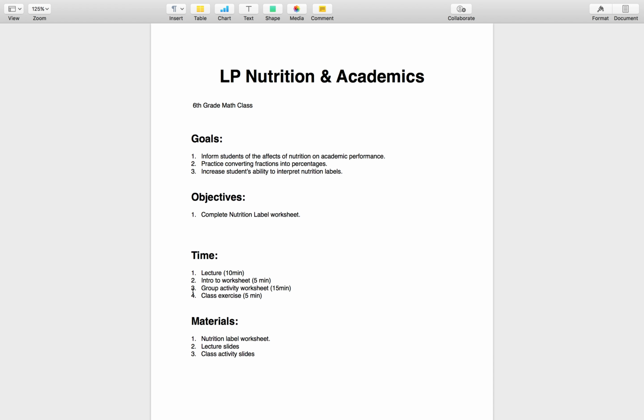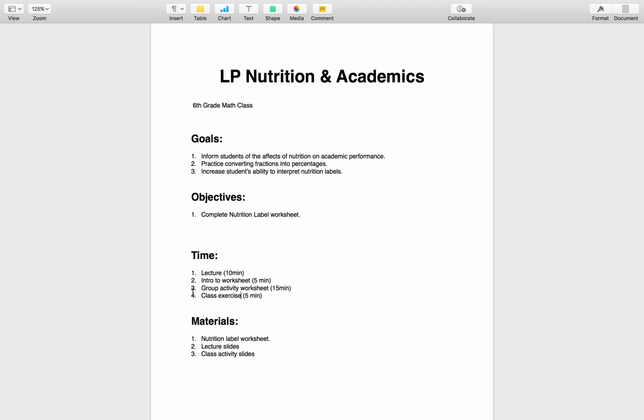And for an exit ticket, I'm going to give them a nutrition label that's got the percentages blotted out, but it still tells you the recommended daily intake and how many calories there are for each of those parts of the food. And so they'll have to give me the percentage before they leave for the day.